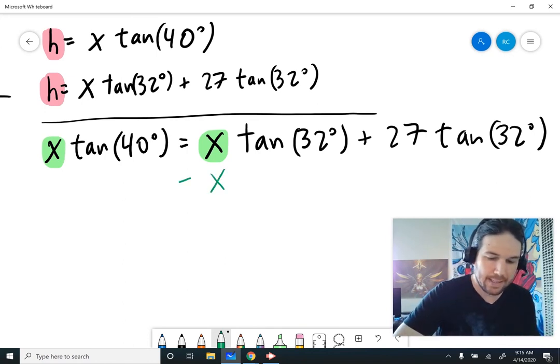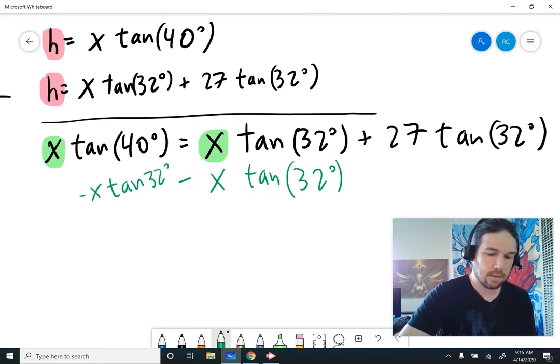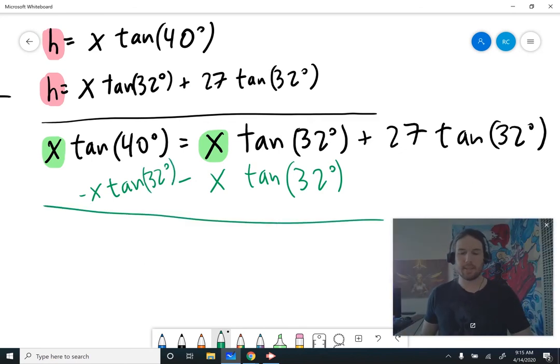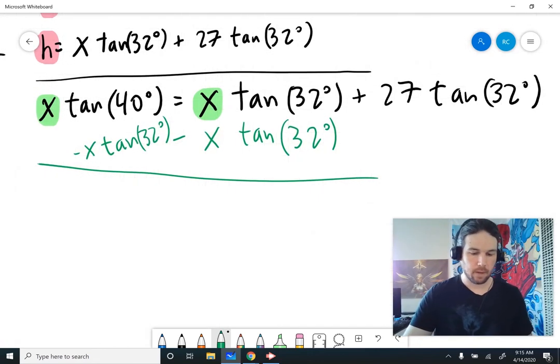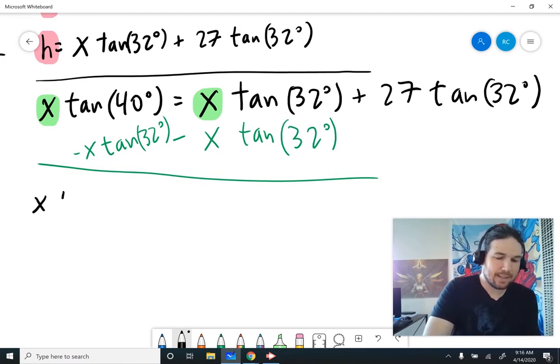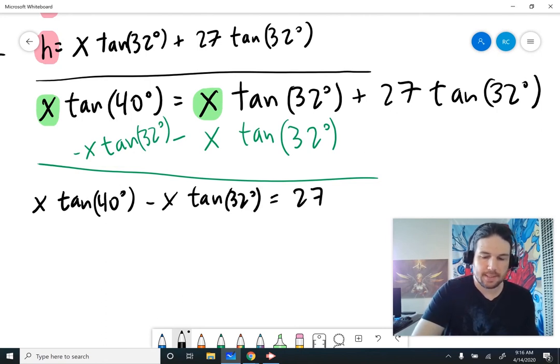I'm going to subtract x times tangent of 32 degrees from both sides, and I end up with x times tangent of 40 degrees minus x times tangent of 32 degrees equals 27 times tangent of 32 degrees.